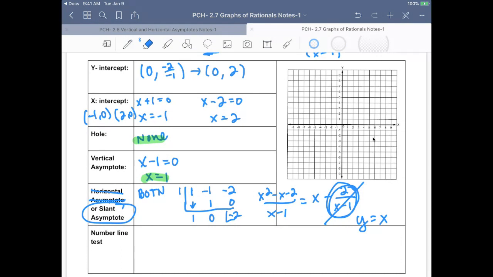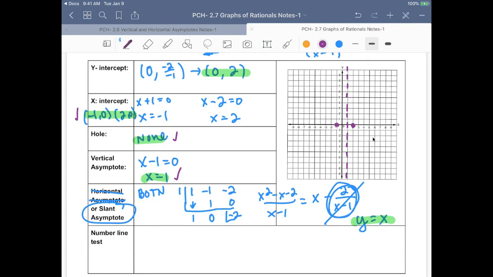All right, we're going to start graphing these things in, because this is a lot. Okay, here we go. We're going to start with our vertical asymptote at x equals 1. Okay, got you. No holes. Okay, I have two x-intercepts and a y-intercept. So x-intercepts -1, 0 and 2, 0.